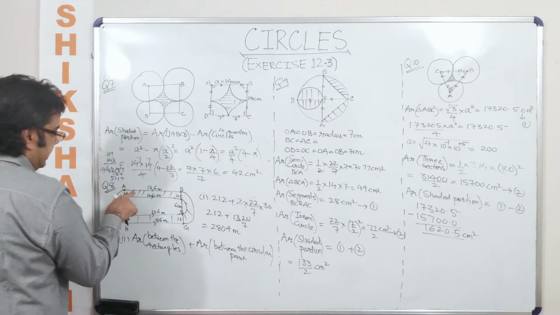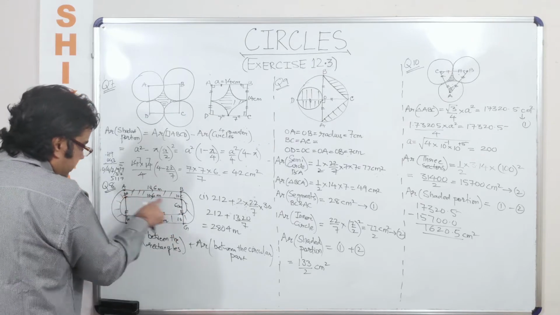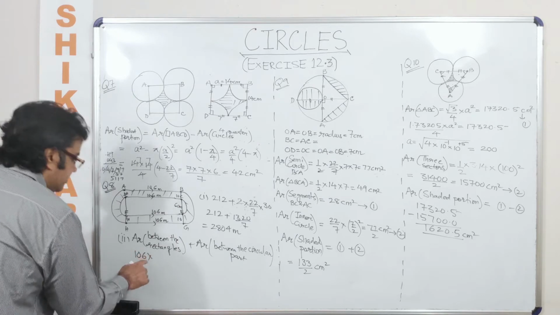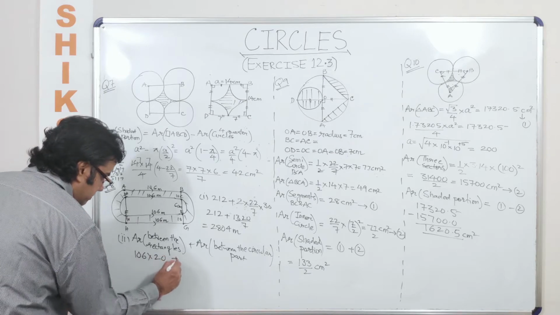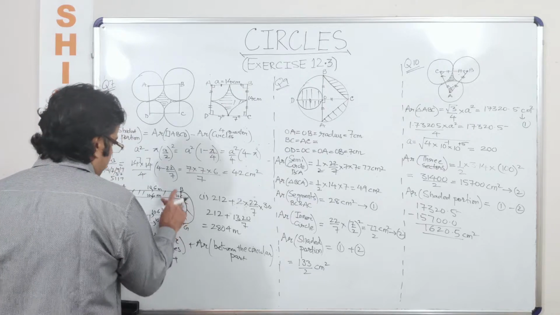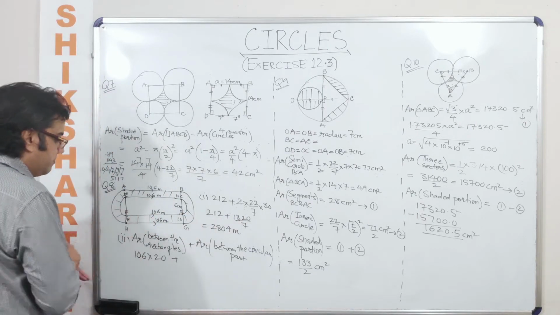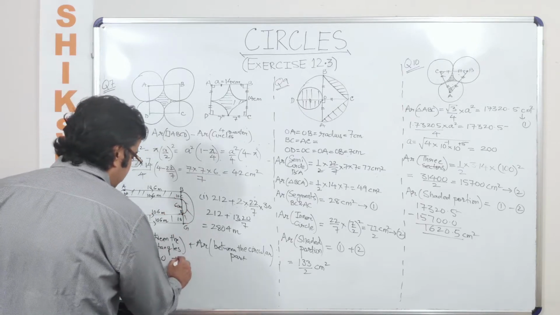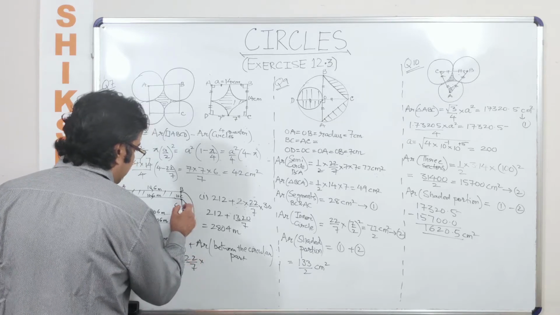Now what is the area between the rectangles? It is 106 into 80 minus 106 into 60, which will be 106 into 20, plus the area between the circular parts. If I combine this part and this part, as we discussed here, it becomes a circle altogether. So the area between 2 circles is what we are supposed to calculate, which is pi r square, 22 by 7 into r square.